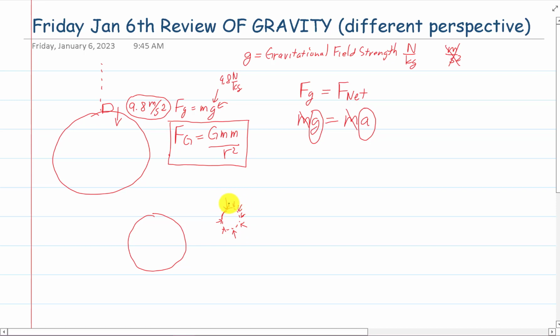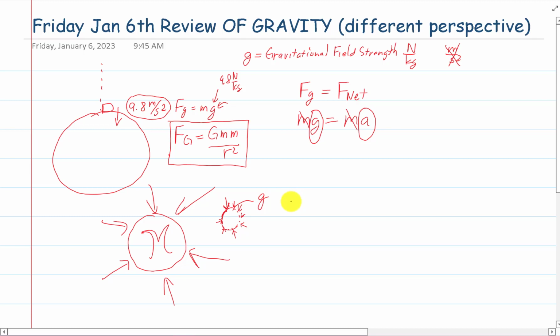But it does have something happening because there's a large mass here, the planet, and it's causing a gravitational field trying to pull all objects to it because all objects are attracted to the Earth. So there is something happening in that space, but there's nothing in there. There is a gravitational field there.